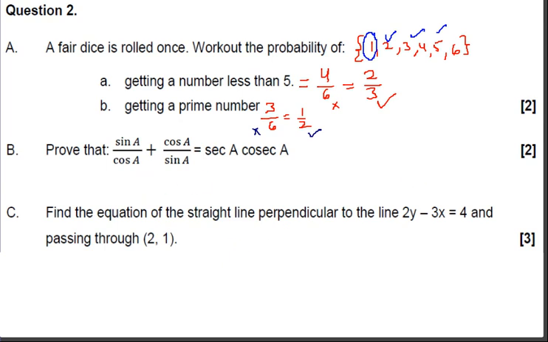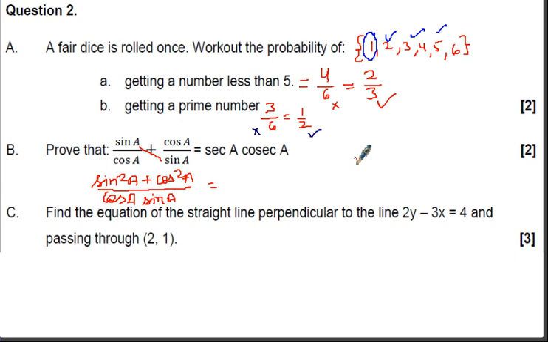When we come to this B part, you can take LCM. When you take LCM, sin A cos A or cos A sin A, whatever, is the same thing. So when you take LCM, cos A sin A, it will go in cross. So sin square A plus cos square A, which is 1.